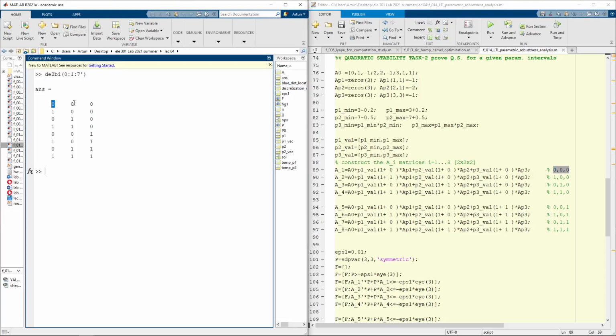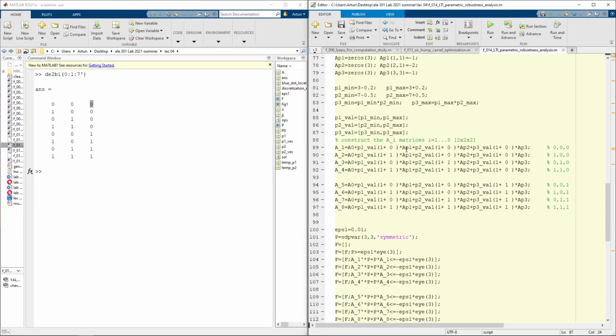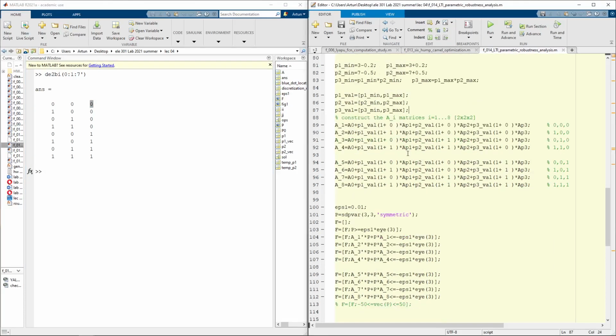Hopefully in the upcoming lectures we can attempt some stability analysis and parametric robustness analysis. All right, so far so good, right?